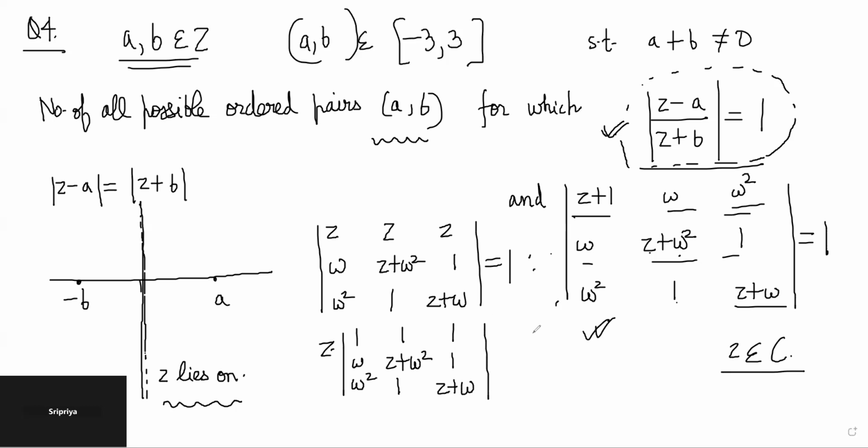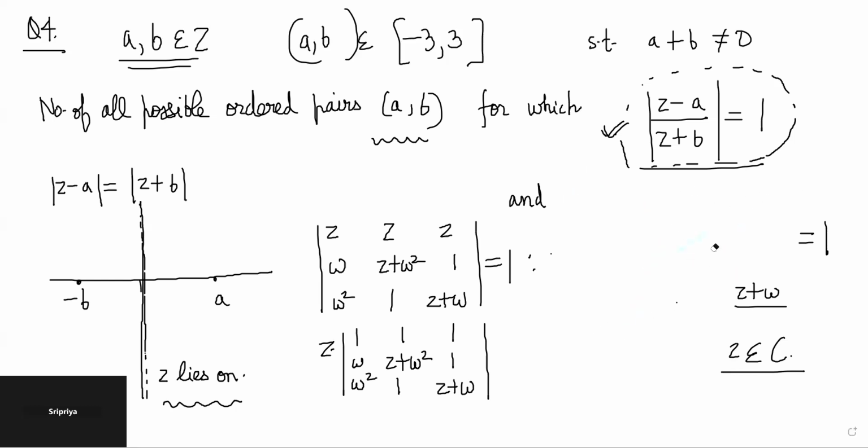After this, I just subtracted the first column from the second column and the third column from the first column to get two zeros. So you can say second column is second minus first, right? I left the first column because it was simple, so I didn't want to subtract anything from that.